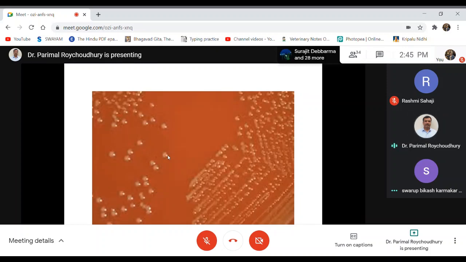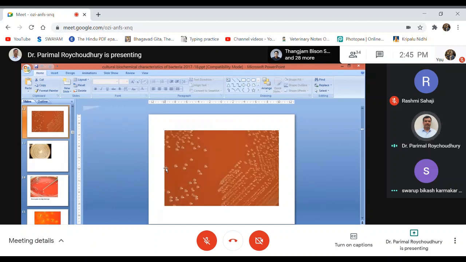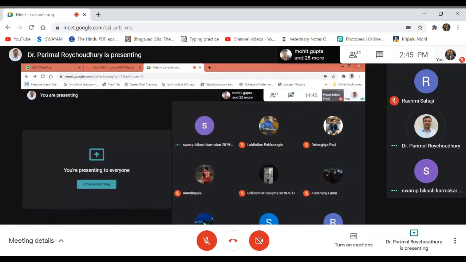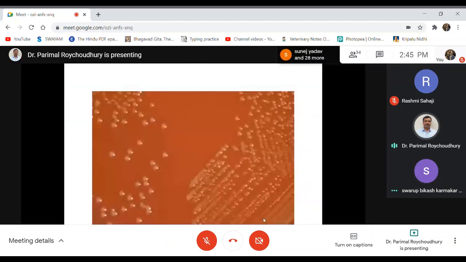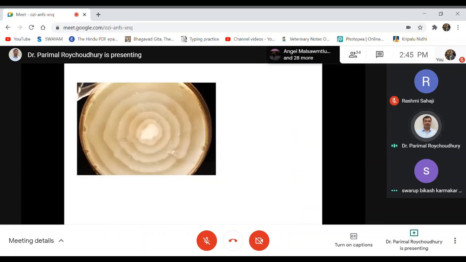Even if you look at a different angle of light, you won't see any glistening or shining. And this is one characteristic that we can consider. If you know that your target organism has these characteristics, then obviously we can think of isolating the organism.